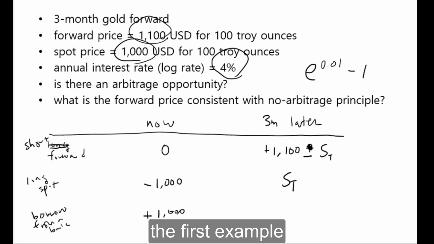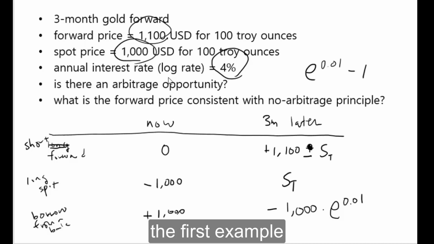How much money do you need to pay back to the bank? And we calculated that here. So this is the interest rate. So you add 1 again, then what remains is you need to multiply 1,000 by this number. So what you have is minus 1,000 times exponential 0.01. Okay, so that's the situation.